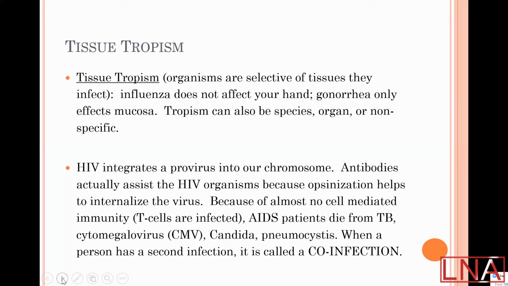When a person has a second infection, it's called co-infection. In this case, HIV has specific tropism to immunocompetent cells, but AIDS is not a particular disease, you know, it's a complex of syndromes.